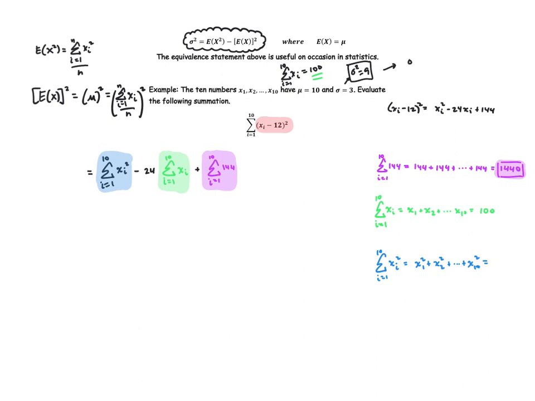Sigma squared, as we know, at least now, is equal to the expected value of the x squareds minus the mean squared, or the expected value squared. So that's going to be our variance.